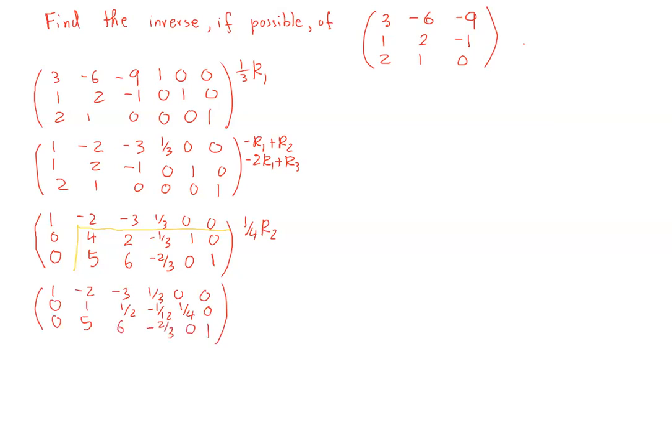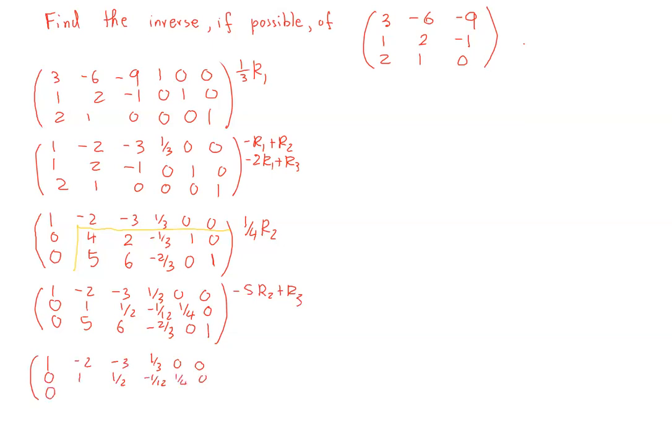And what do I do now? I eliminate 5. So minus 5 times row 2 plus row 3. And this gives you what? 1, negative 2, negative 3, 1/3, 0, 0, 0, 1, 1/2, negative 1/12, 1/4, 0.